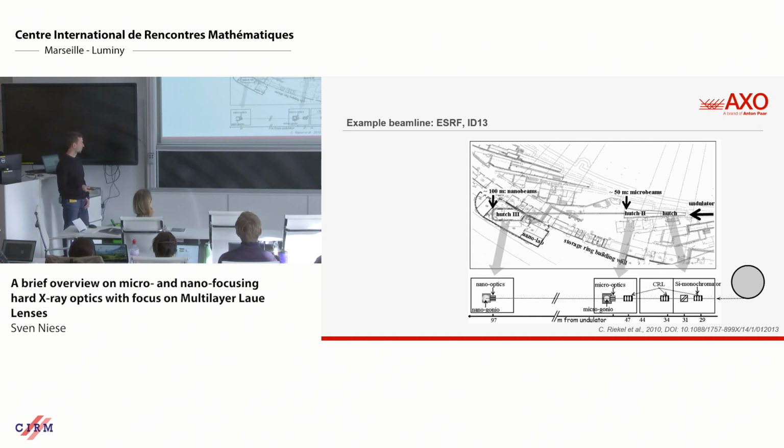What is required for these nano-focusing devices? From the engineering point of view, it's kind of interesting that this can all be that stable. What was not shown in the schematic here, you have a lot of slits. You have the power slits at the very beginning, and some other slits to cut down the beam to get rid of scattering and so on.